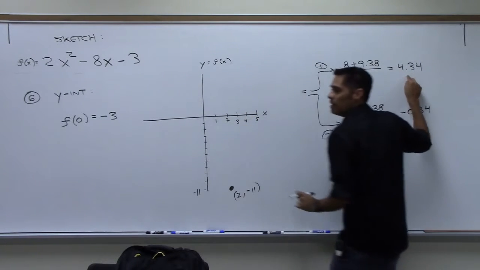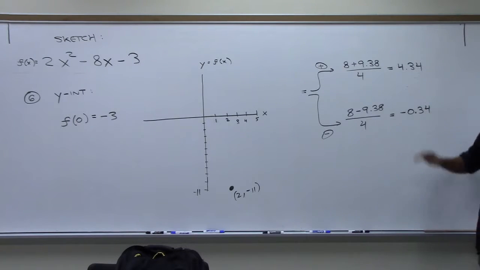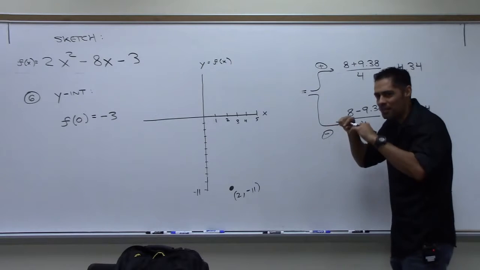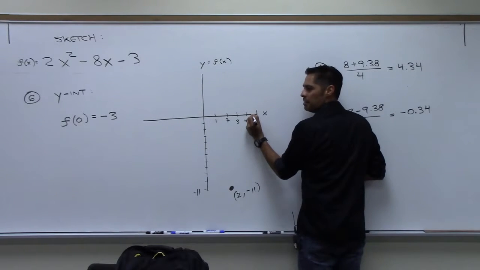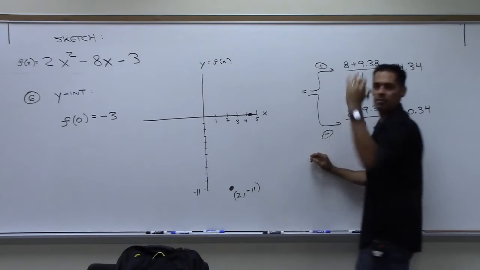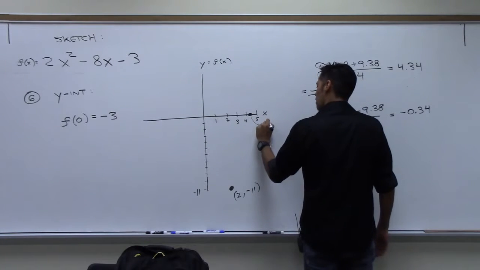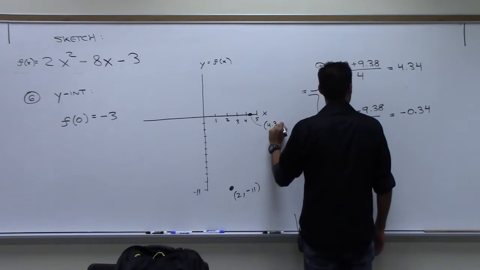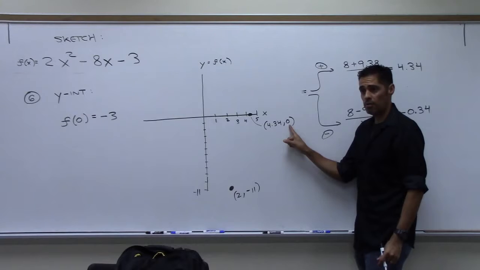On this, there's no sense in going 5 decimal places because it's hard enough to graph 4.3, right? 4.34, nobody's going to get that good, unless we've got rulers and we've blown everything up real big. So 4.5's here, 4.3, ballpark it, somewhere around there. Can we be happy with that? I will label it by making the point 4.34, comma 0. Remember, it's an x-intercept, so the y-coordinate's always 0 at that point.